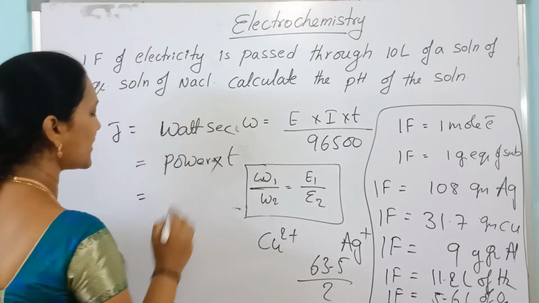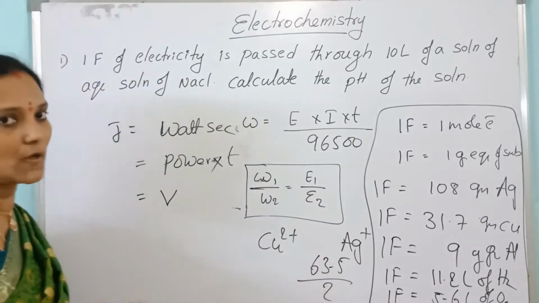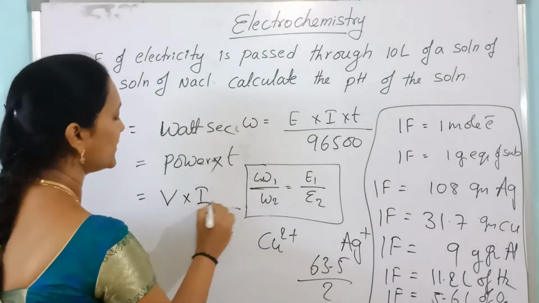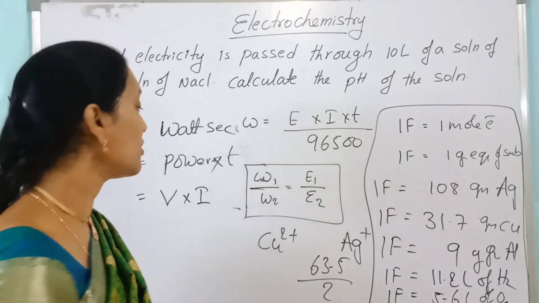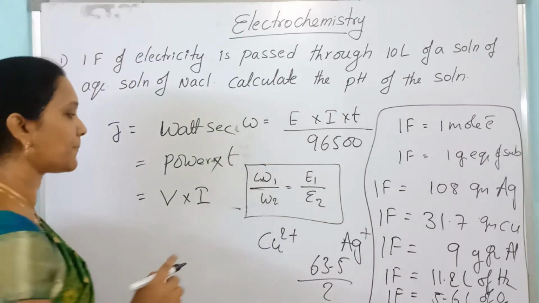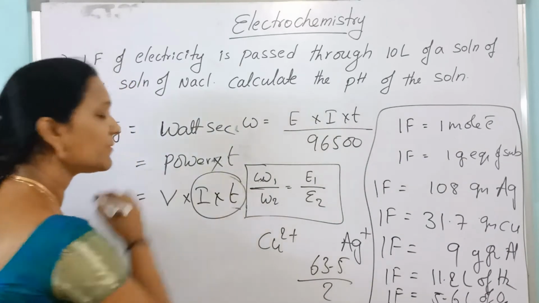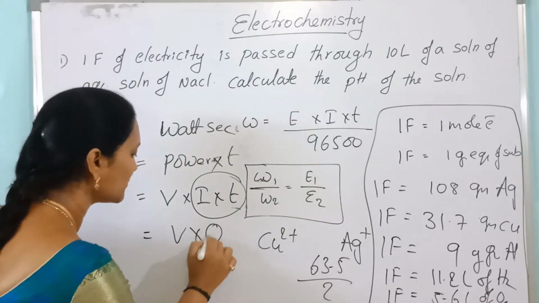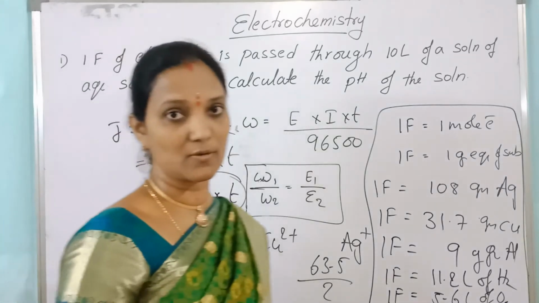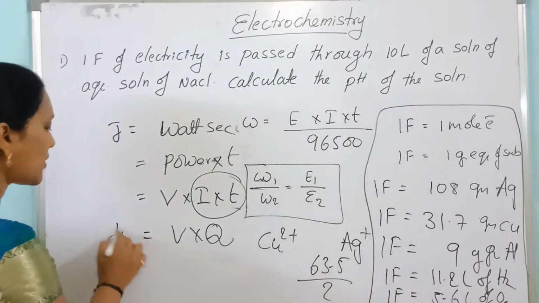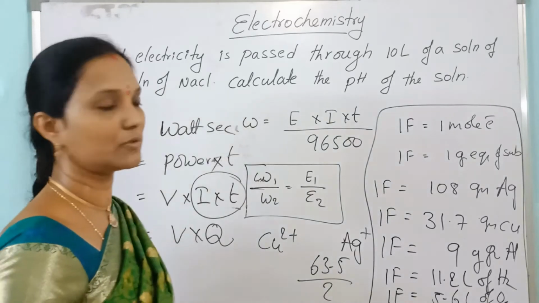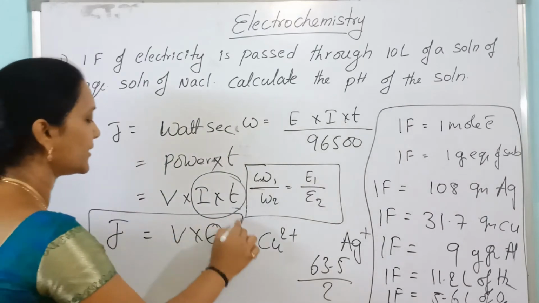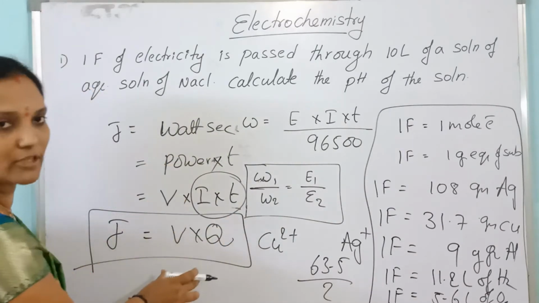Power is voltage in volts into current in amperes. So joules is voltage into current into time, and I into T is the coulomb of electricity. So joules is equal to V into Q. They will give the volts and the quantity of electricity passed, and we can calculate it in joules. This is the joule conversion.